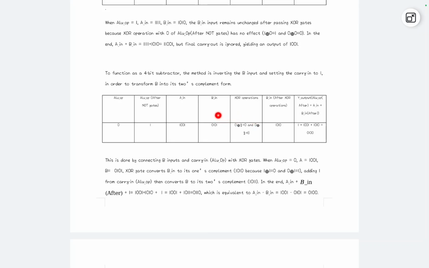So you see when the B in before entering the XOR gate is 0101, but after the XOR gate it becomes 1010. Okay, so the Y output is equal to ALUOP after the NOR gate plus A in plus B in after the XOR gate: 1 plus 1001 plus 1010 equals 0100, and this is the subtraction. Like you can see here, which is equivalent to A in minus B in, 1001 minus 0101 equals 0100.